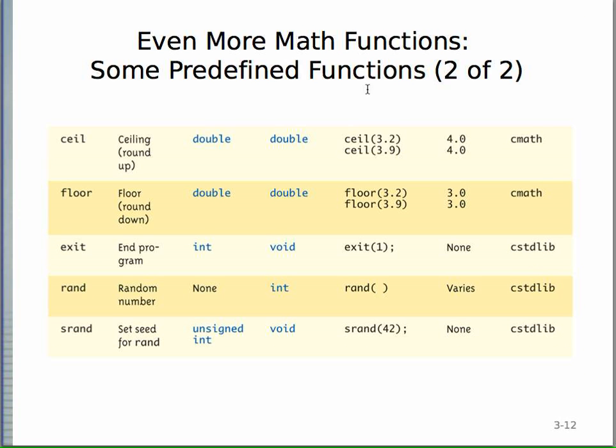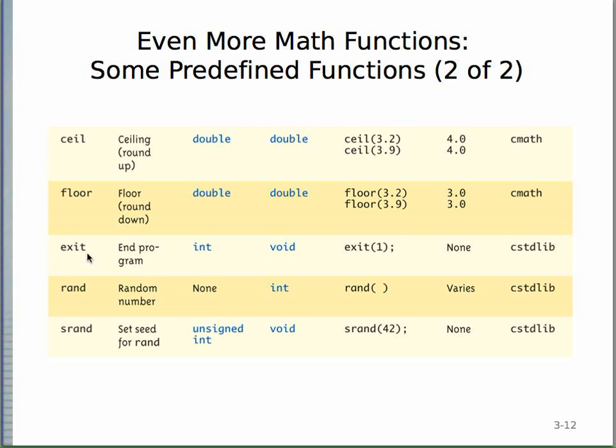There's a bunch of other things. Ceiling rounds up always, so 3.2 becomes 4 as output, and 3.9 also becomes 4. You take the floor, which is sort of the truncating, removing everything after the decimal point, so that's different from ceiling in that both 3.2 or 3.9 as input to floor will give you 3.